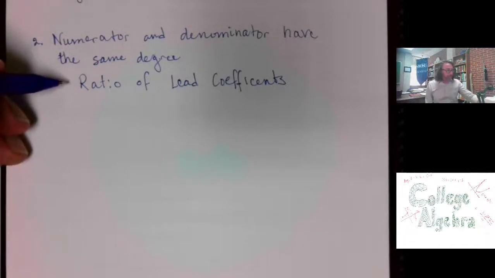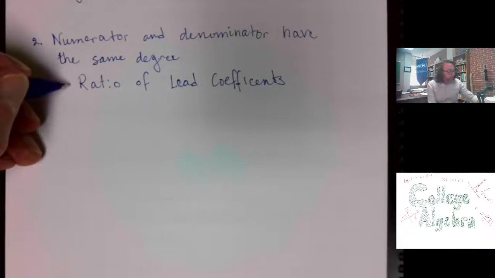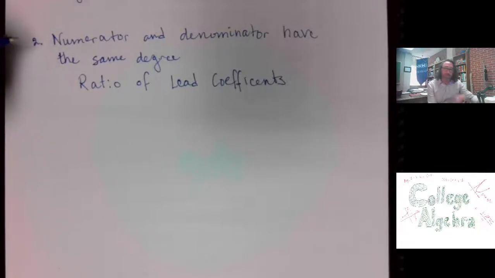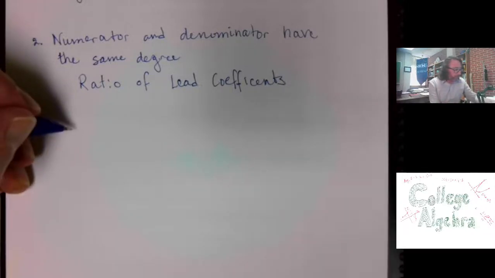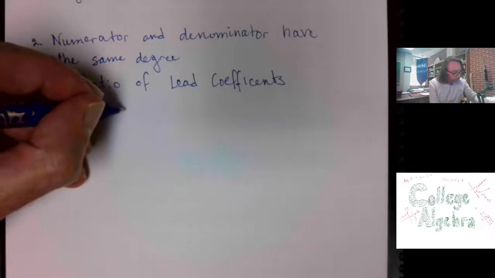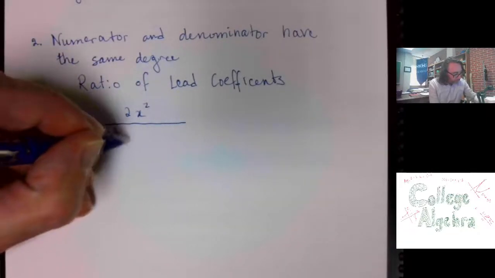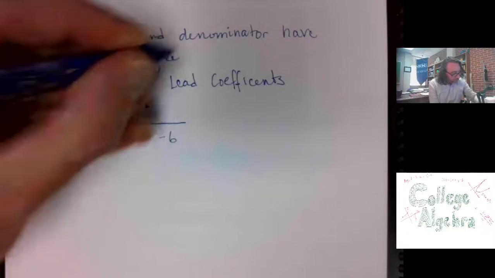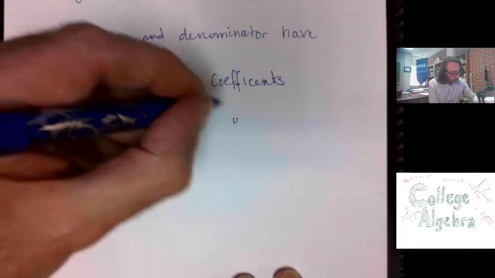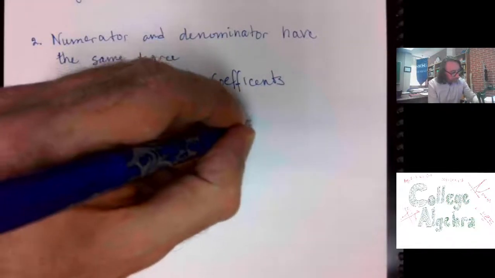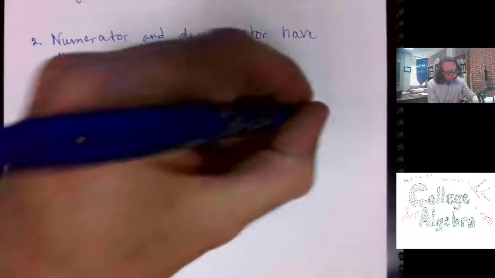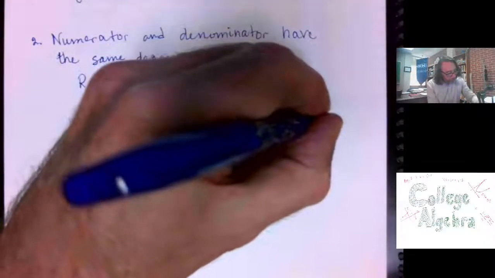In that case, you will have a horizontal asymptote at the ratio of the lead coefficients. Okay, so in our case, y equals 2x squared over x squared minus x minus 6. The horizontal asymptote will be at 2 over 1.